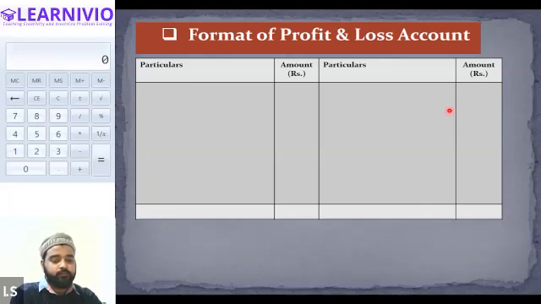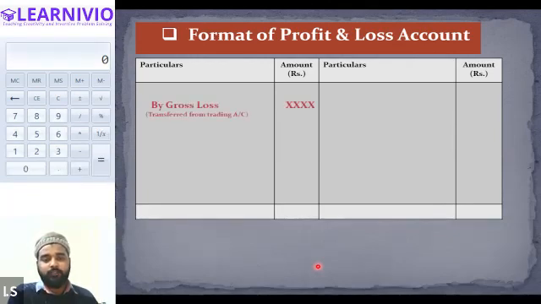On this PowerPoint, see Peer, I was saying that the profit and loss account is prepared after preparing the trading account. Whatever the result in the trading account was, that result will be carried forward to the profit and loss account. If the trading account is showing a gross loss, then the gross loss will be carried forward to the profit and loss account on the debit side.